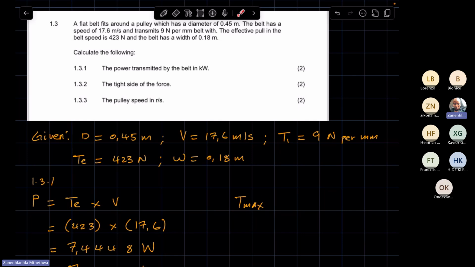Do you see what I'm saying? Because they're asking us to calculate T1. And the reason is that the tension we've been given here is not expressed as newtons, but as newtons per millimeter of belt width, which is Tmax.